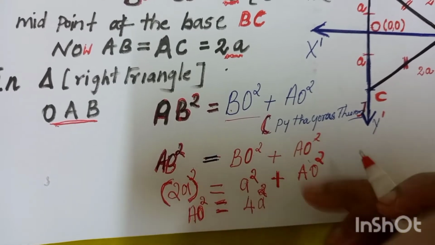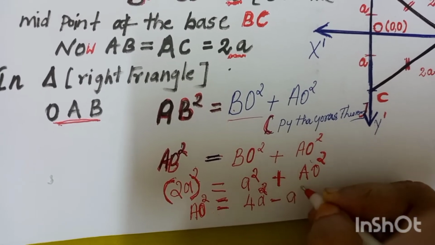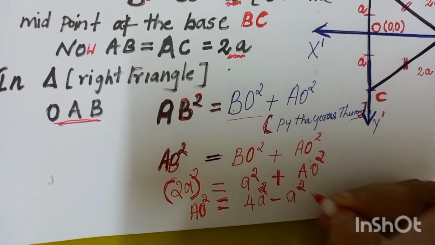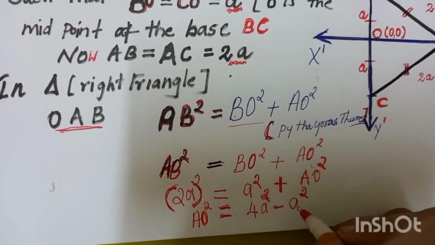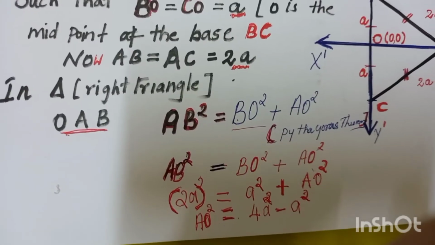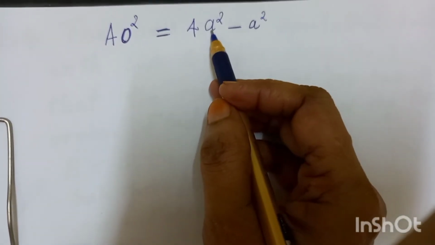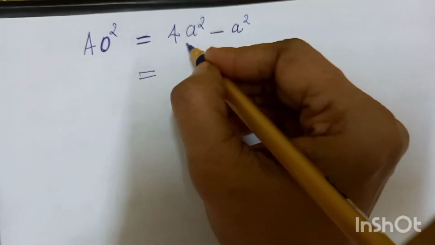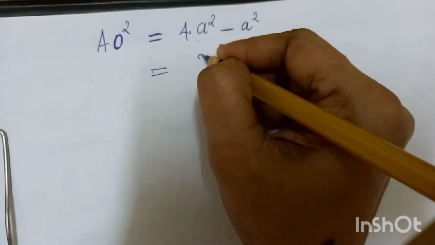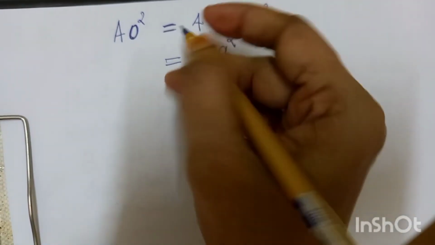Transpose this a square to this side, so we get minus a square. So, AO square is equal to 4a square minus a square, which is 3a square.